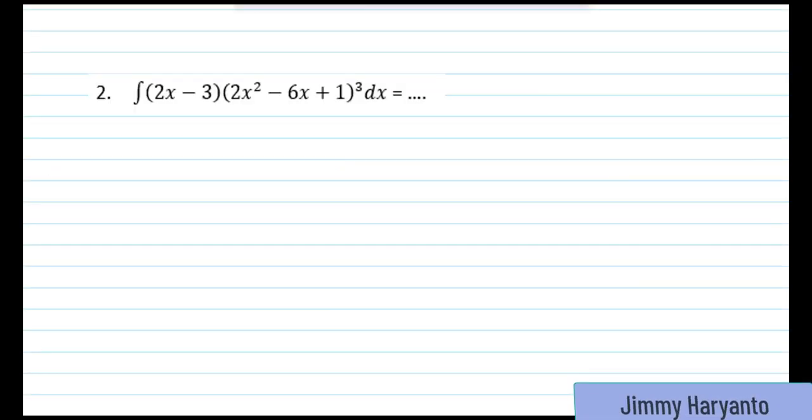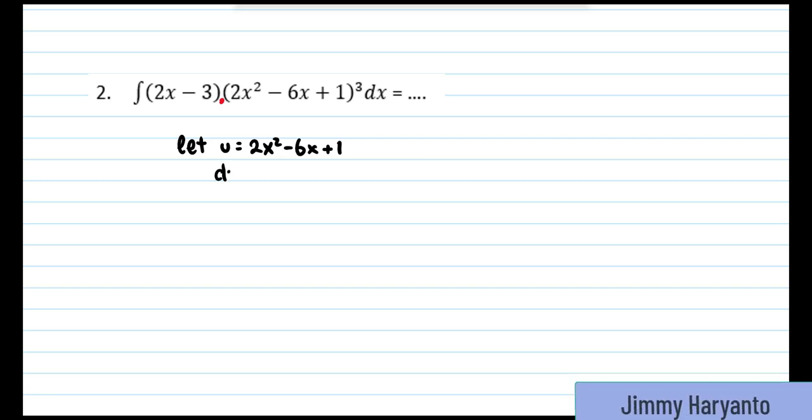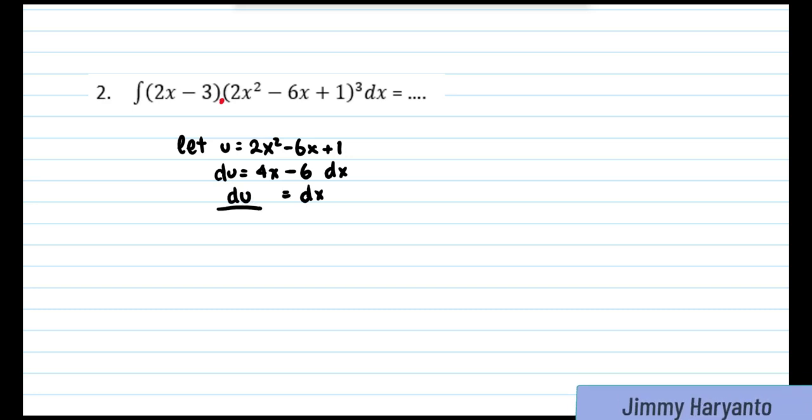Okay, for number 2, although we have multiplication right here, we cannot multiply them, that means we have to use substitution. I will let u equal 2x squared minus 6x plus 1, and then I will prepare it first for the dx. du equals, the differentiation will be 4x minus 6 dx, and then I will make it into dx equals du over 4x minus 6.